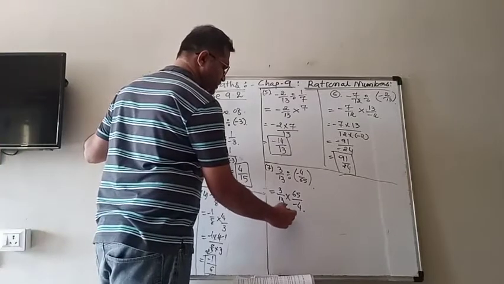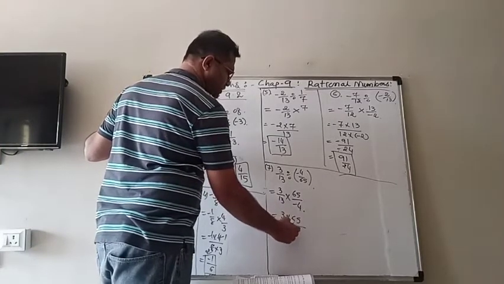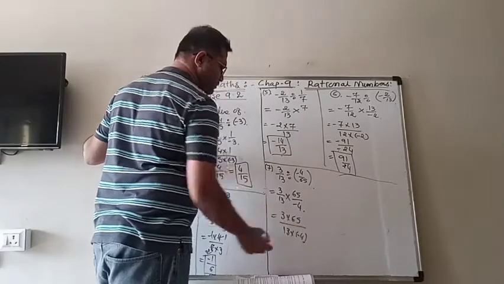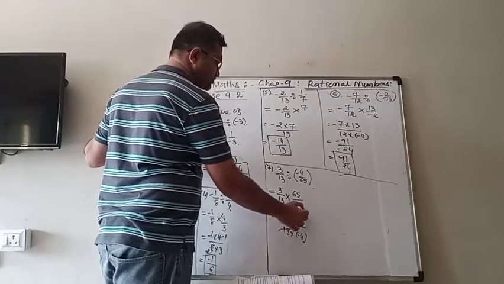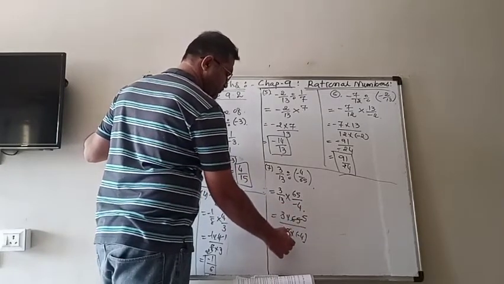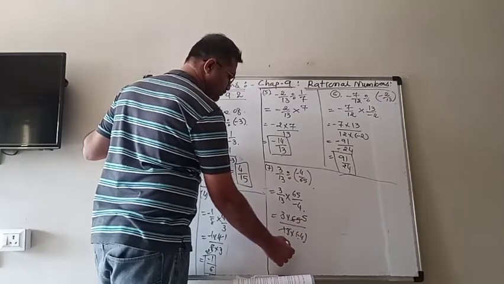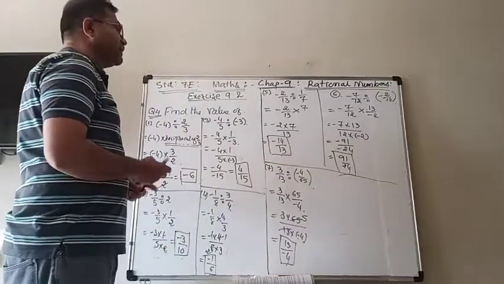So that is 3 multiplied by 65, 13 multiplied by minus 4. We know that 13 fives are 65. So 3 fives are 15 upon minus 4. That will be our final answer.